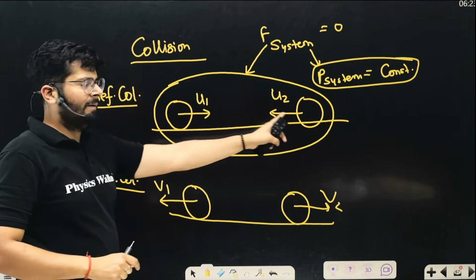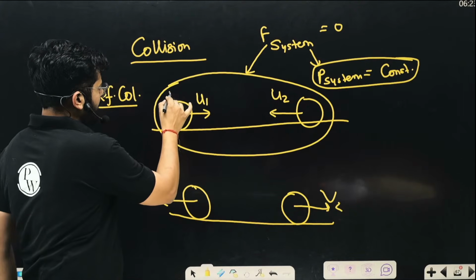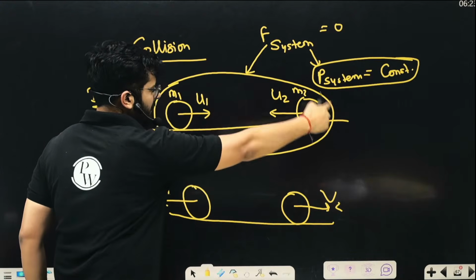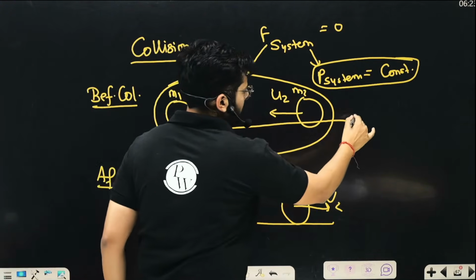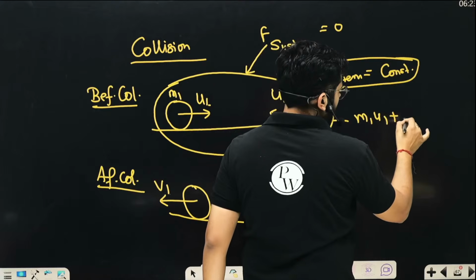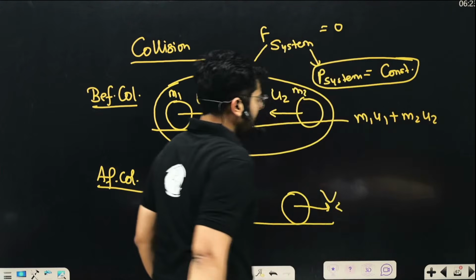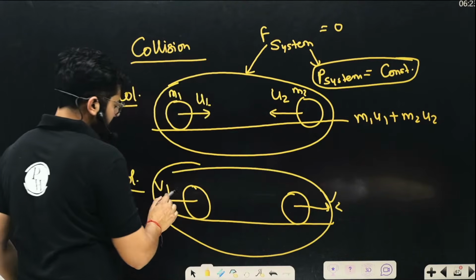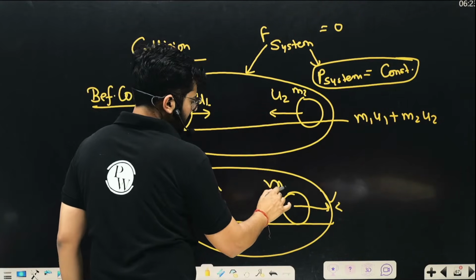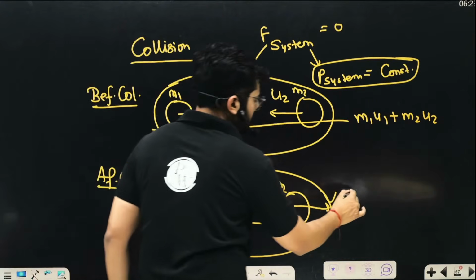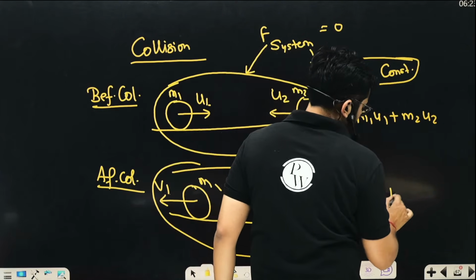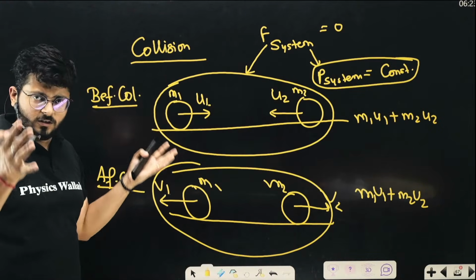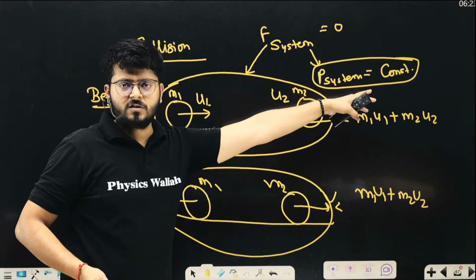So what is the momentum of the system right now? This one has a mass m1, this one has a mass m2. So the momentum of the system is m1 u1 plus m2 u2 before collision, right? And after collision, what is the net momentum of the system? It is m1 v1 and m2 v2, right? So clearly there was no force applied onto the system, which is why the momentum of the system stays constant.